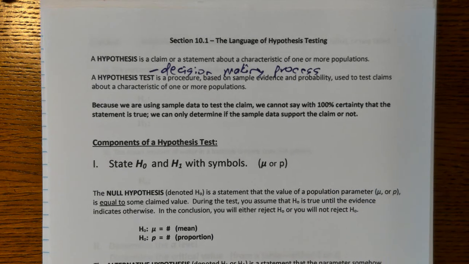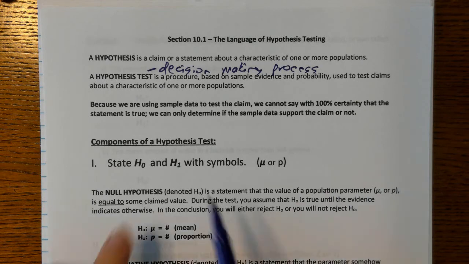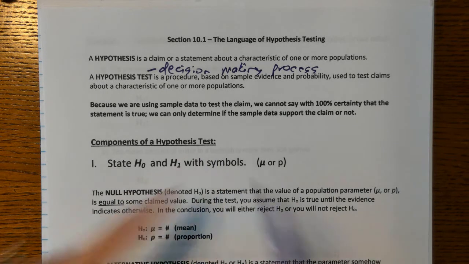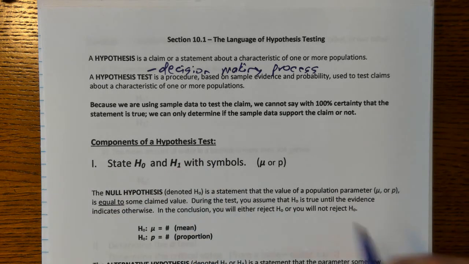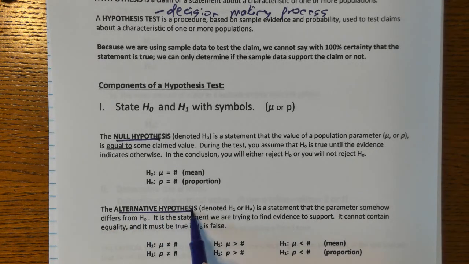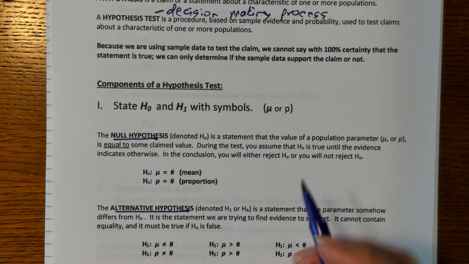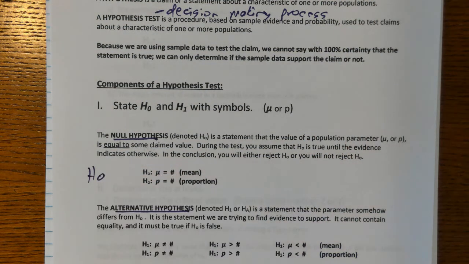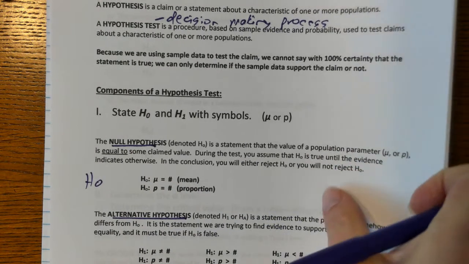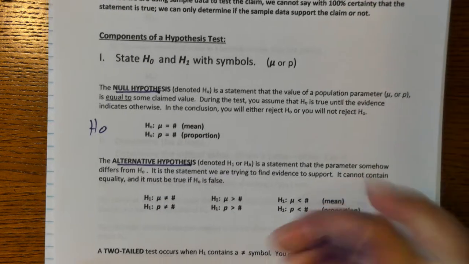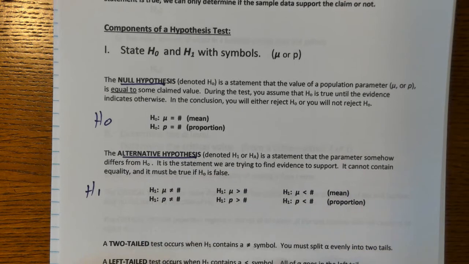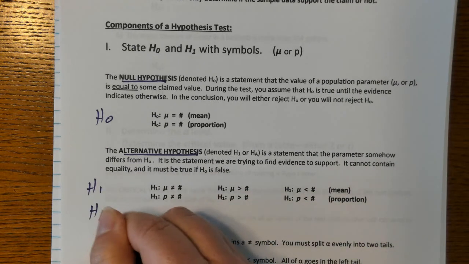All right, first part of any hypothesis test is to state our hypotheses. And there are two. There is the null hypothesis and there is an alternative hypothesis. Okay? The null hypothesis, we use the symbol H0. Okay? The alternative hypothesis, we use the symbol either H1 or HA.